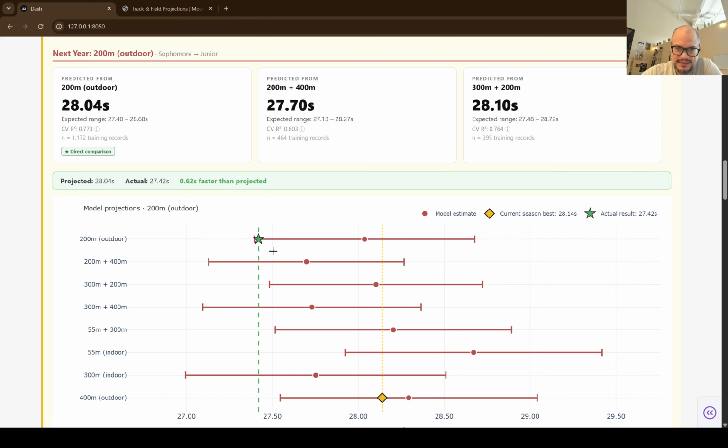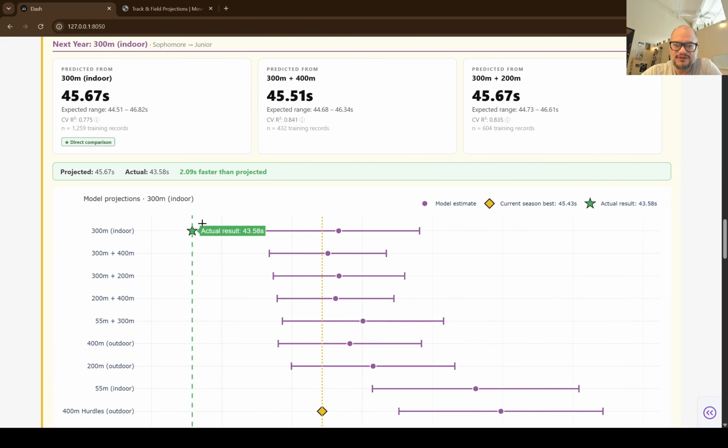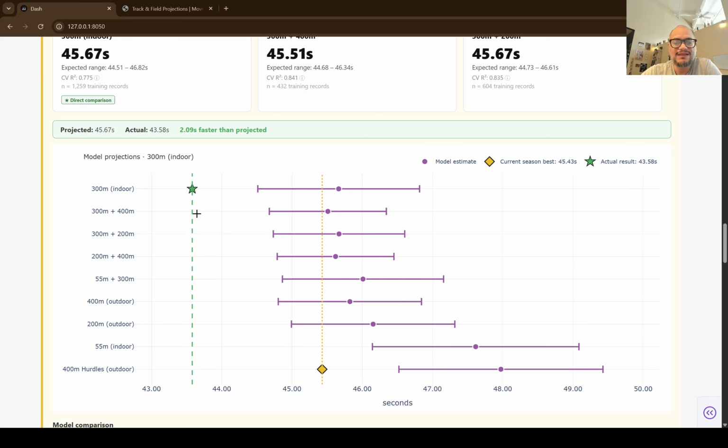And in this case, we looked to beat all the midpoint projections that we had from the sophomore year. Very similar to the 300 meters, also improved quite a bit. Now, this is not only because of maximum velocity. It was a major contributor, though, in my opinion, and it's something that I found within the athlete that we could improve and get a lot of improvement from.